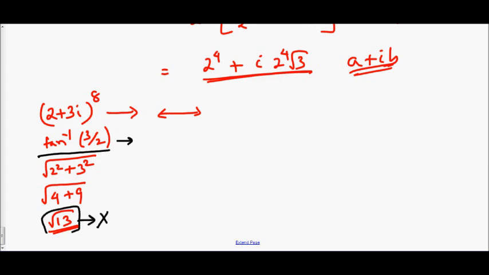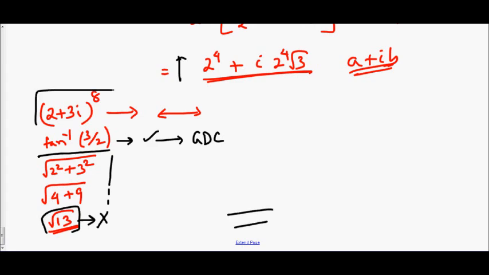For finding tan inverse of 3 over 2, you need your calculator. Therefore please do this step by step, use your calculator in this place, find the value for tan inverse of 3 over 2, and then continue as we did in the previous question. But at the end, you can always check with the direct use of the calculator.